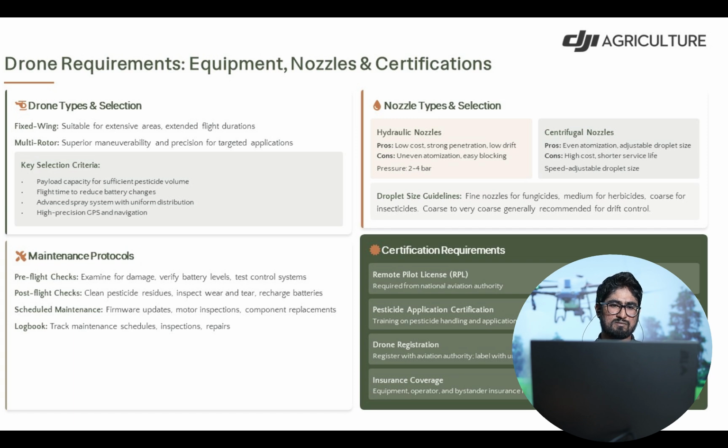We always update the latest firmware, and inspect motors and other components for replacement. This one I want to highlight: we must maintain our logbook to track maintenance and schedule inspections for repairs. With a logbook, we can always monitor our drone's usage and requirements for replacements and certification.